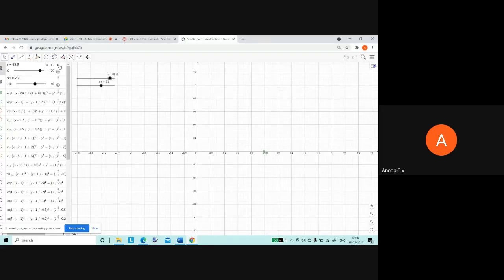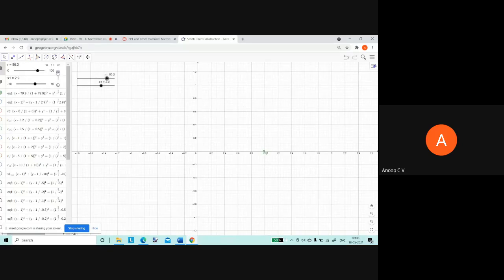Can you see what is happening as r is increasing, right? R equal to 0 is a unit circle. All of you are able to see this, right?